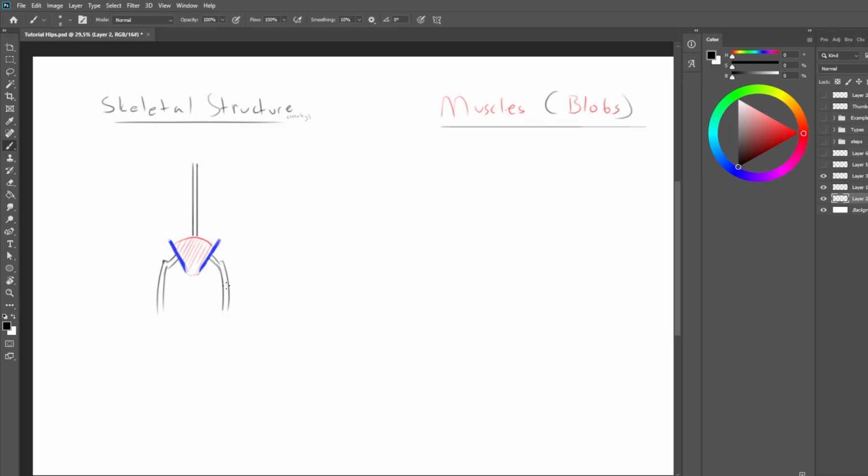So, what do you have on top of this? Muscles, yeah. And what do they look like? Well, first we're gonna have to magically draw the same image and then add the muscles on top of it, like that.